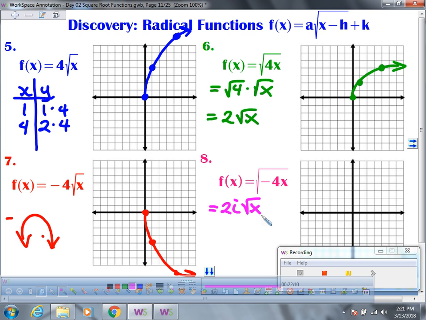It doesn't technically have imaginary roots, so we normally would just write it like this, with a negative on the inside. So when the negative's on the inside, instead of it going to the negative, it's like taking the inverse of the negative side of the parabola. Does that make sense?